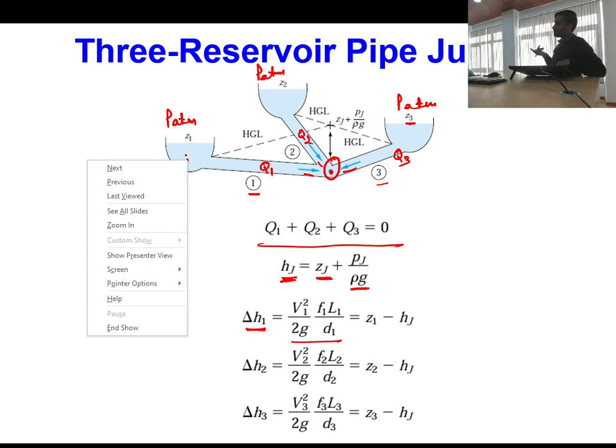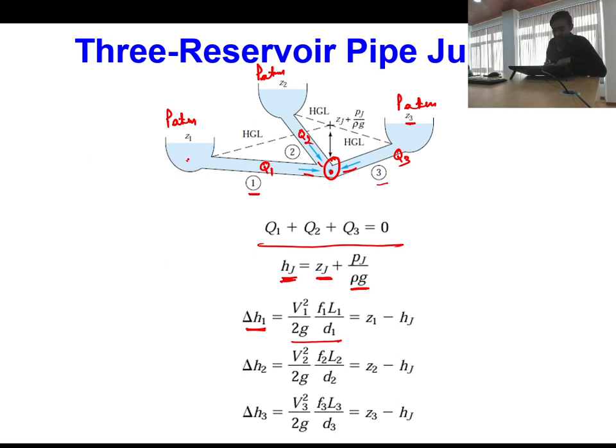Is this one clear? So what is the head at this point? The head at this point is only Z1, because considering the gauge scale, the static head at this point will be 0. Okay, so that's why I have written that at this point my head is Z1 minus the head at the junction, which I have already defined as Hj. Is this one clear?